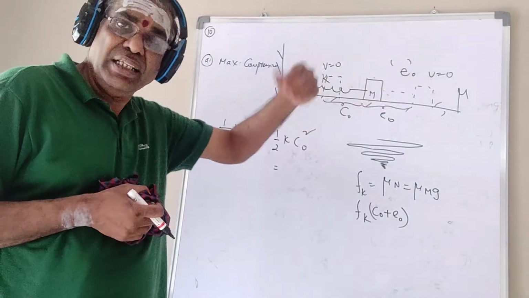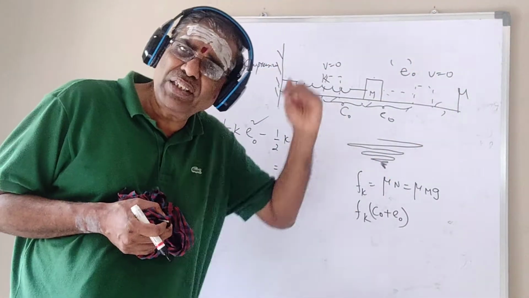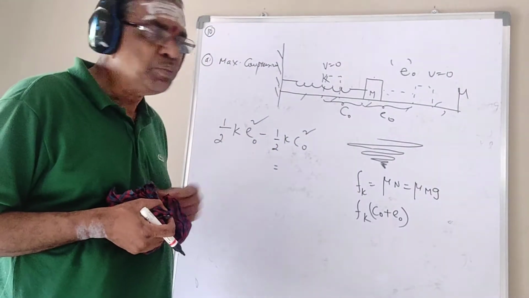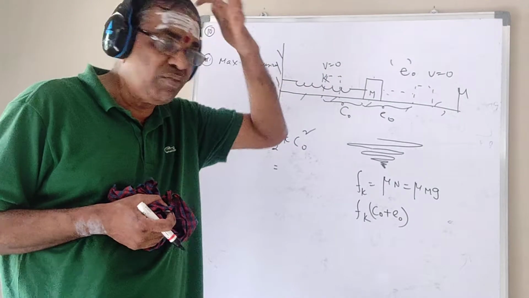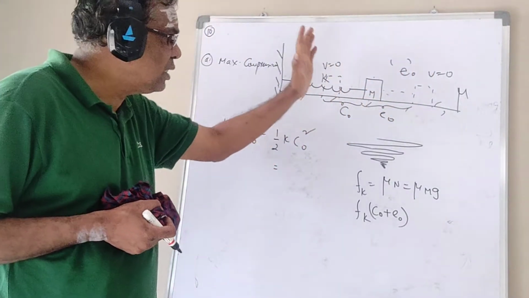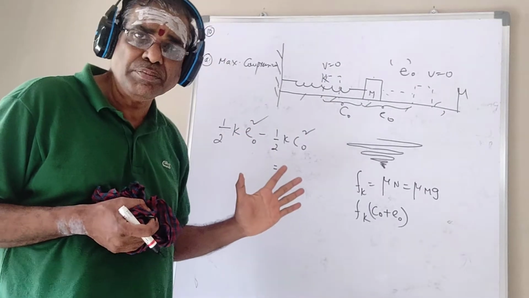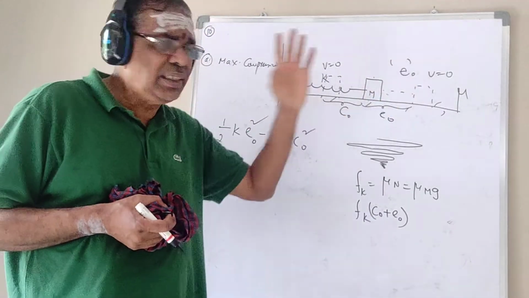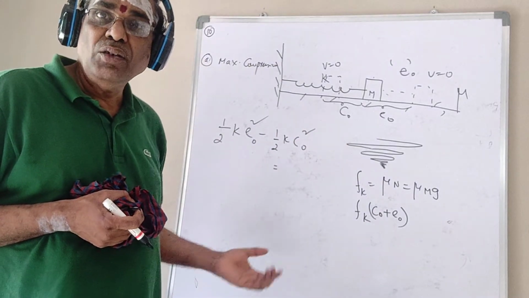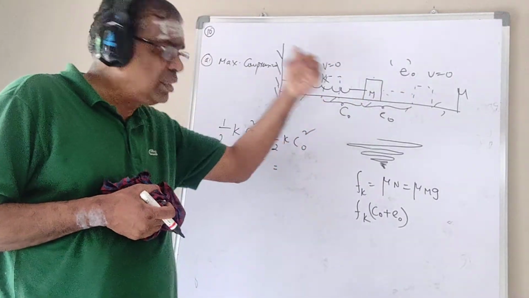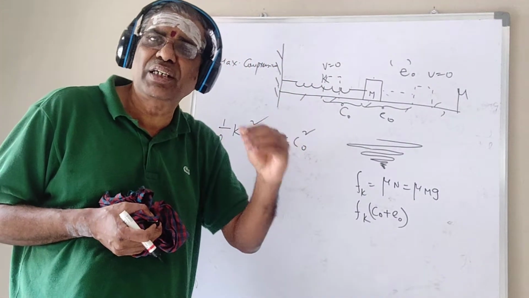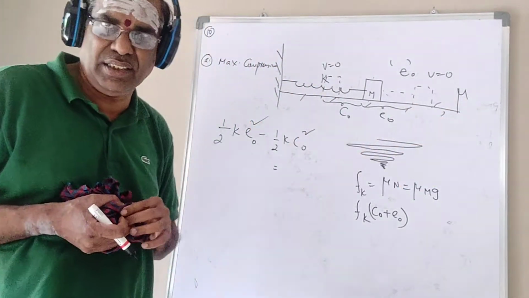What is the source of energy for this whole system? Potential energy of the spring. No other thing is available there. Therefore, initially K0, finally K0, so the change in potential energy is the actual amount of work done against friction.